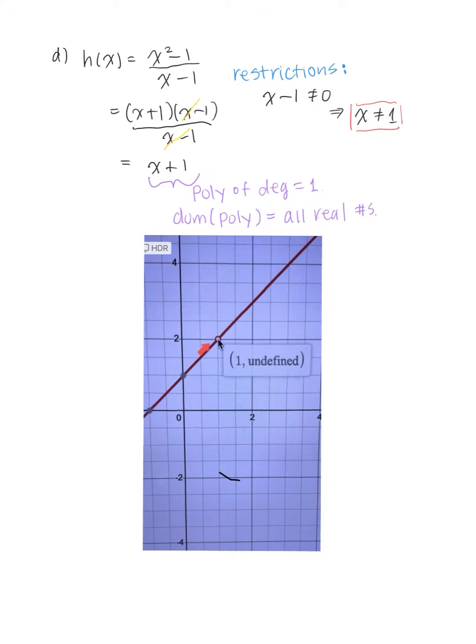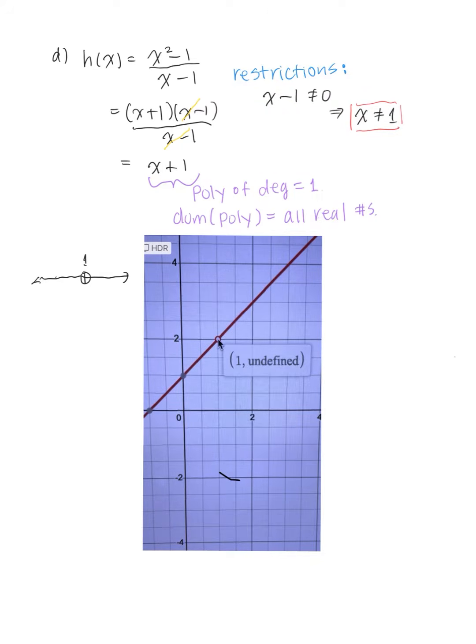Therefore, this little circle is called a removable discontinuity, because if we remove it, it will be continuous. So the answer to the main question, find the domain of h of x, is all real numbers except when x equals 1.